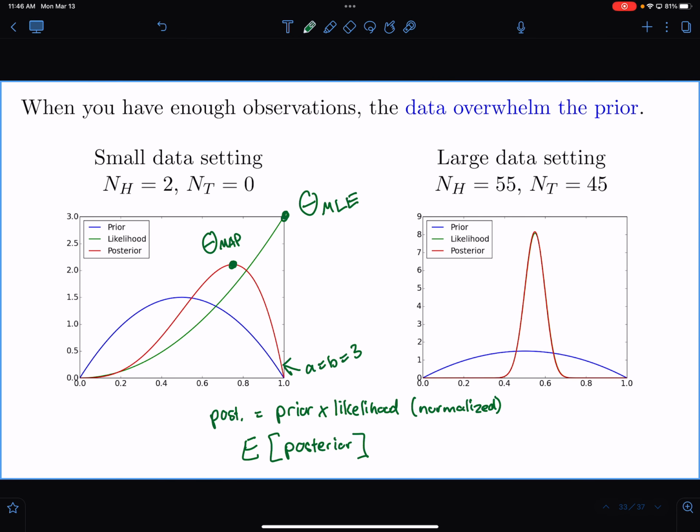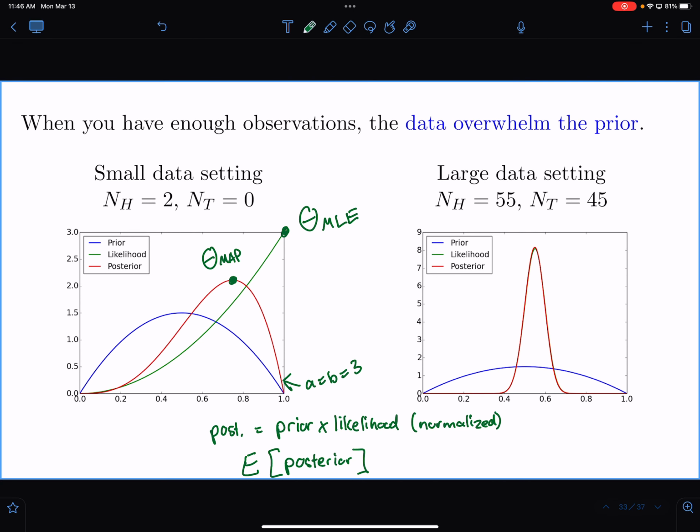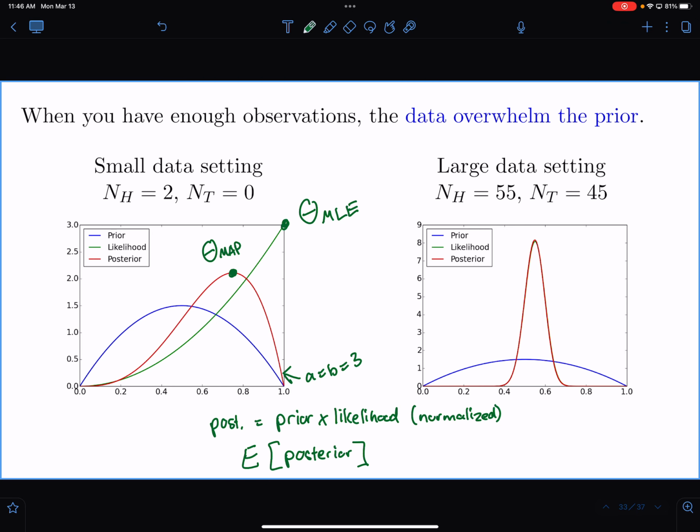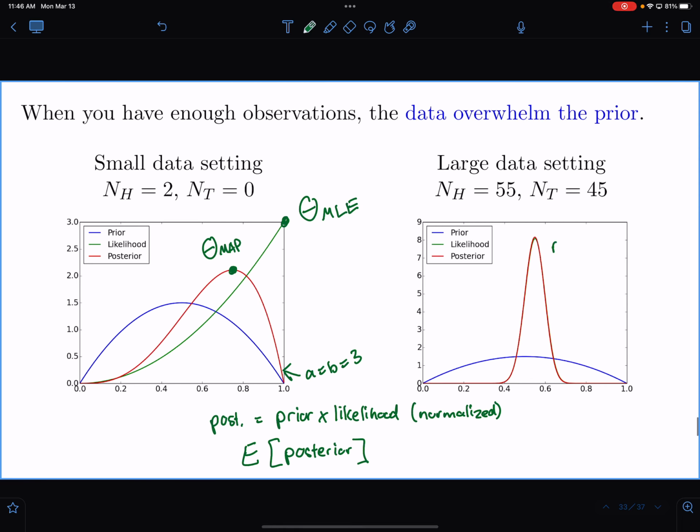So the idea of the prior becomes more interesting if you consider having more data. We're going to have the same prior here. It's a blue curve, but since the y-axis changed on the right-hand side, the entire curve is going to look shifted downwards. And here, the red and green are almost indistinguishable because we have so much data.